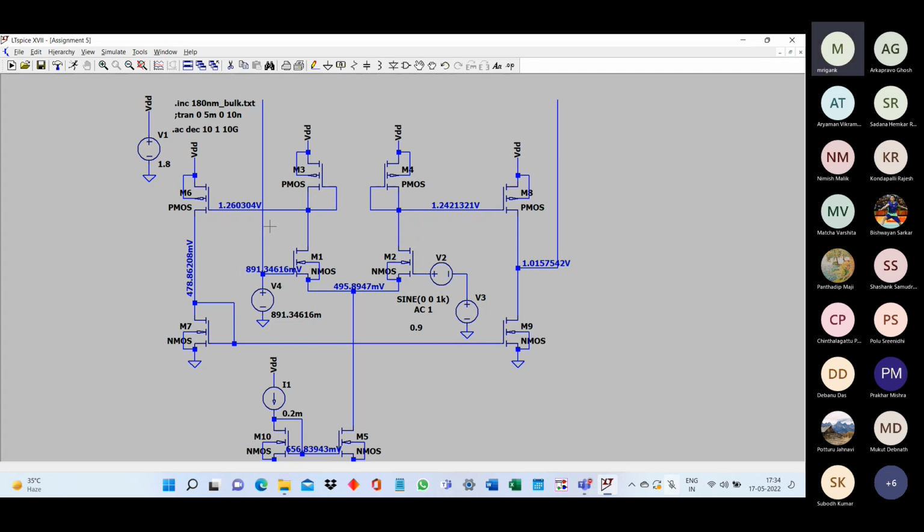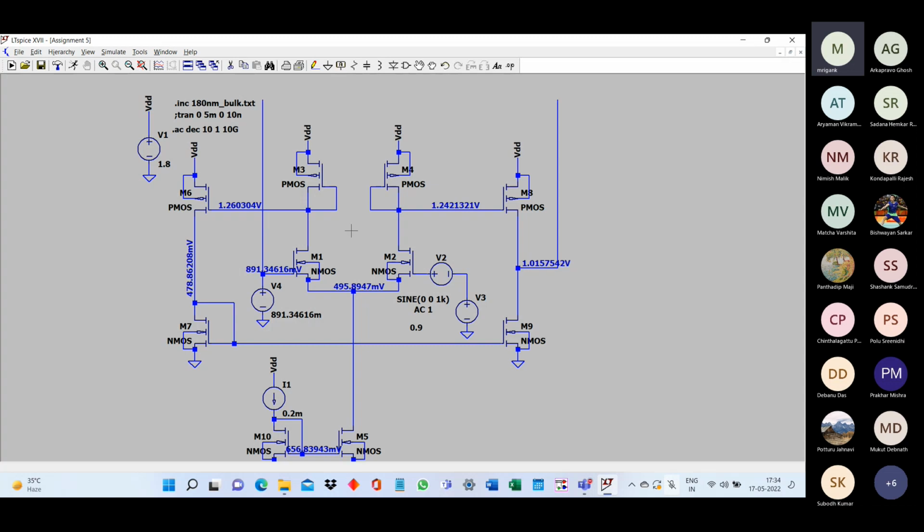Now, if you want to have larger gain in the first stage, the only option is that we increase the gm of M1, M2 or reduce the gm of M3, M4. But remember, here we are not actually concerned with the gain from the first stage.